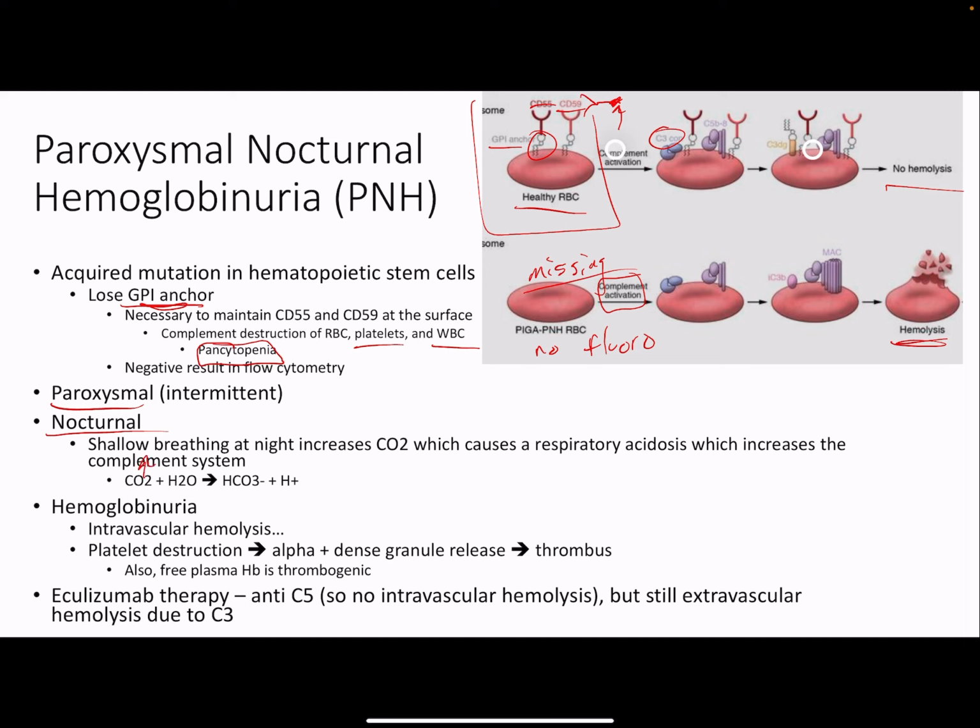And we all learned in undergraduate intro chemistry that Le Chatelier says if that goes up, this is an equilibrium, so it's going to push this to the right. So the hydronium H plus concentration goes up. This lowering of the pH causes this respiratory acidosis, which is actually going to stimulate the complement system, which is why this might be worse at night.